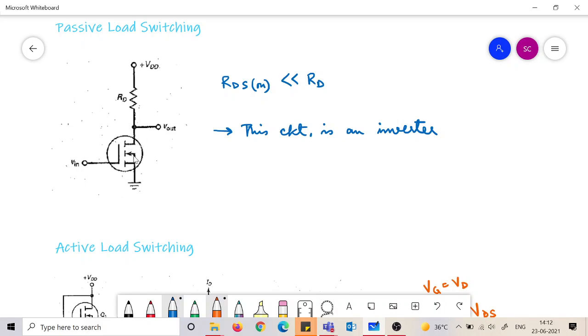So what is the way out? The way out is active load switching, where this resistance is replaced by another transistor. We know that these MOSFETs, when they are working in cutoff or saturation region, are also like some resistance. There is some resistance value associated with them.